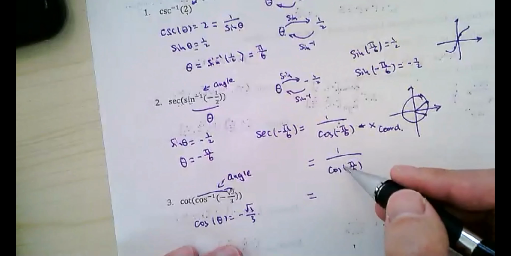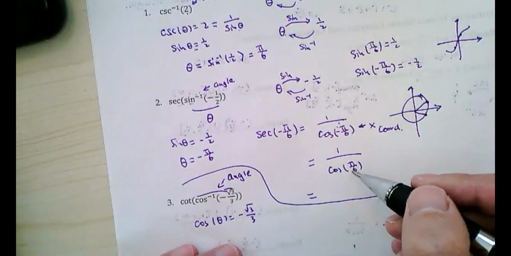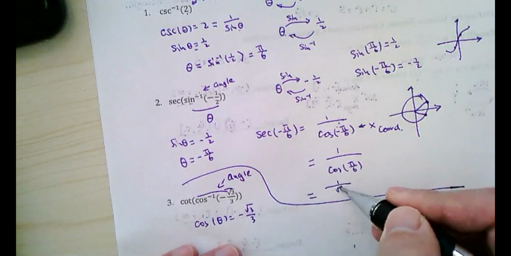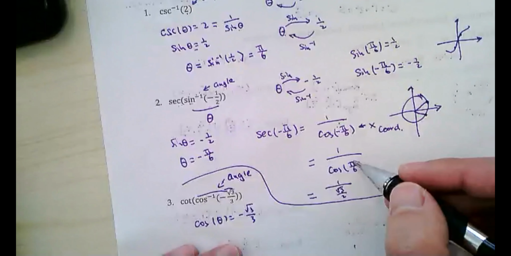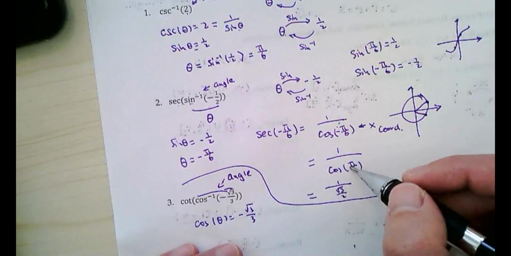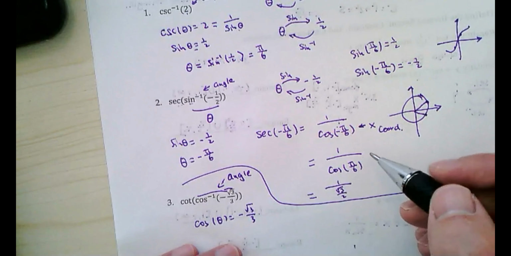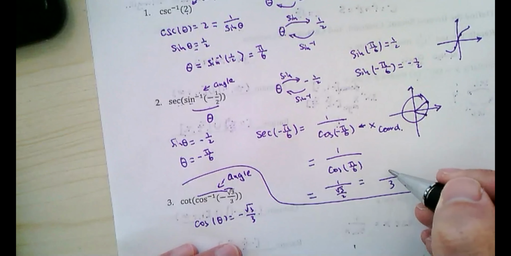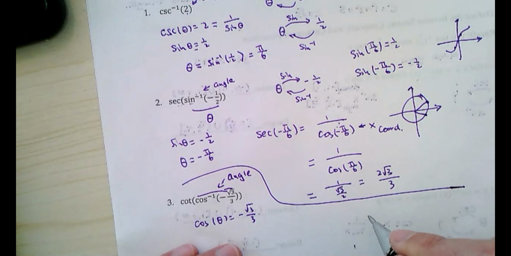Can anyone tell me what is cosine pi/6? Isn't that square root of 3 over 2? Very good. Thank you. Those are frequently encountered values. I hope you guys remember the pi/6, pi/4, pi/3, that kind of values. Okay, that's it.